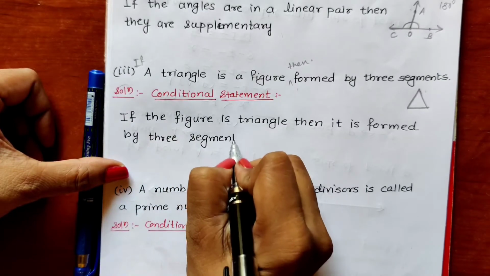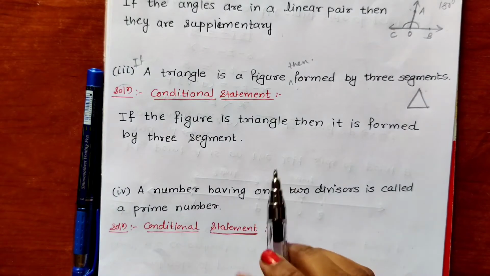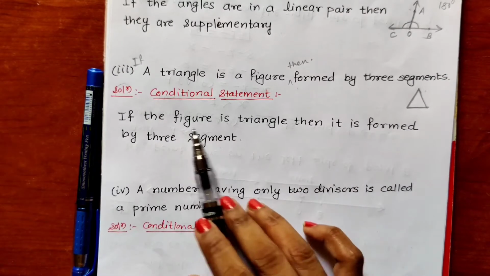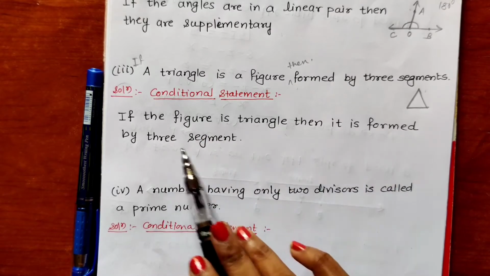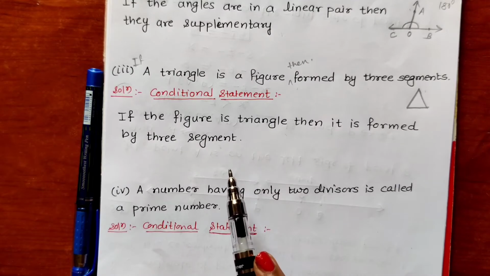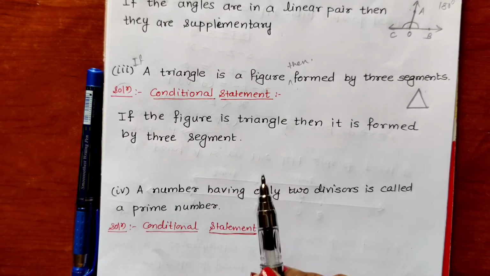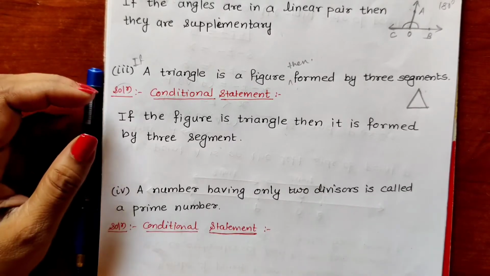Correct? If the figure is triangle, then it is formed by three segments. It is necessary that the figure should be formed by three segments, then it becomes a triangle. So if the figure is triangle, then it is formed by three segments. So always see that the conditional statement should become meaningful. As I have told you, it is more of part of English grammar.